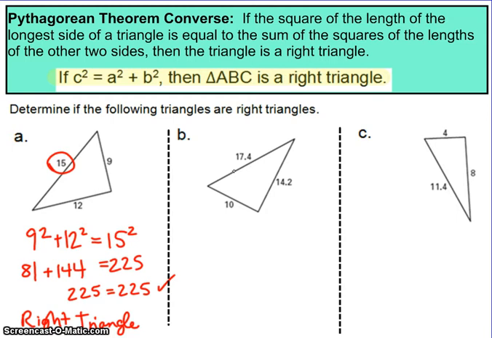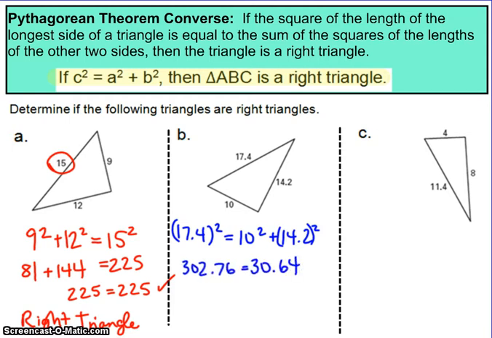Alright, the largest side here is 17.4. So 17.4 squared equals 10 squared plus 14.2 squared. So that's 302.76 is equal to 301.64. This does not work.